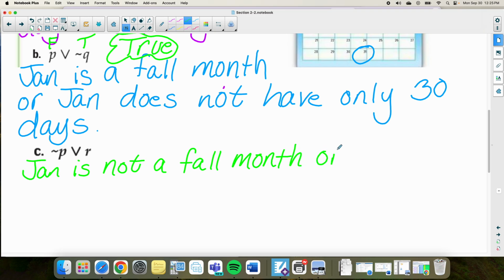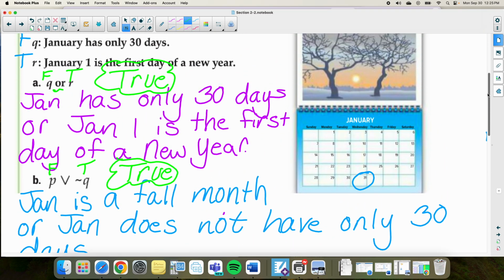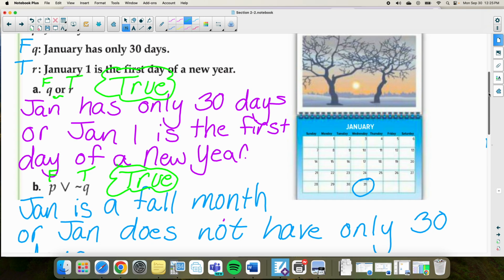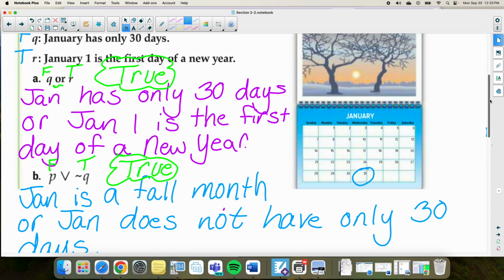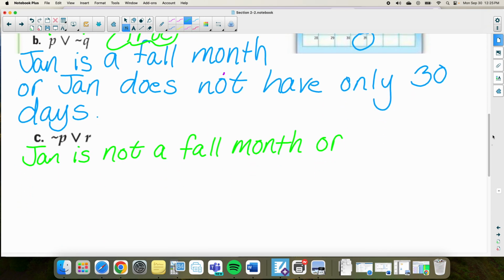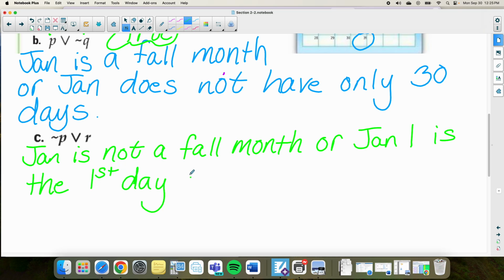Or, and then R is January 1 is the first day of a new year.